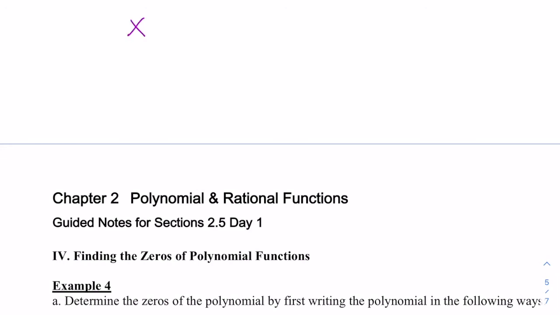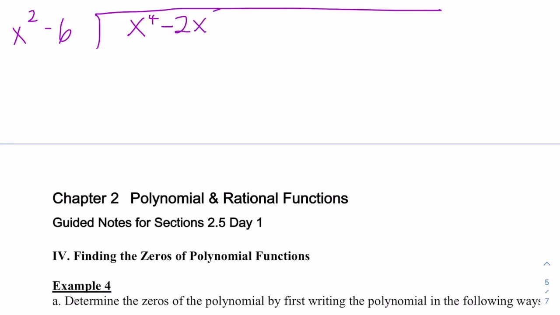So this is going to be x squared minus 6 going into x to the 4th minus 2x cubed minus 3x squared plus 12x minus 18. Okay, so for this one, we know that we can multiply this by x squared.